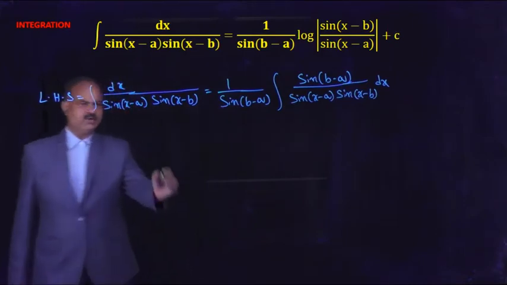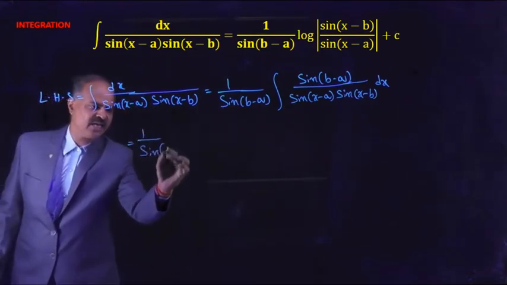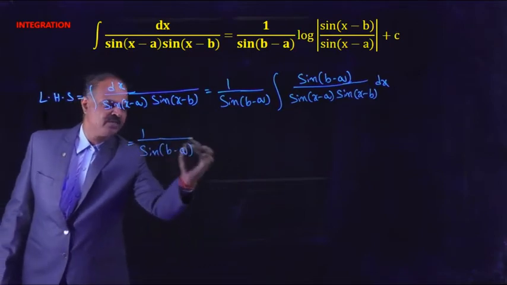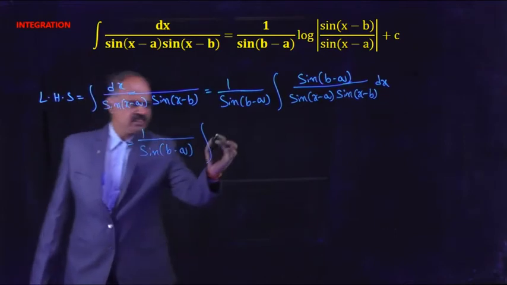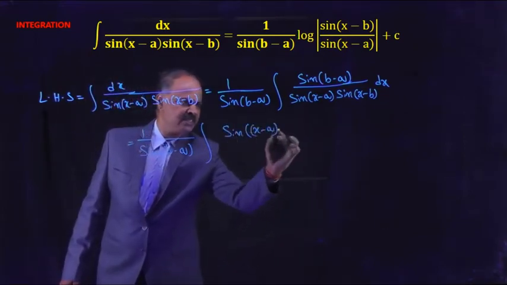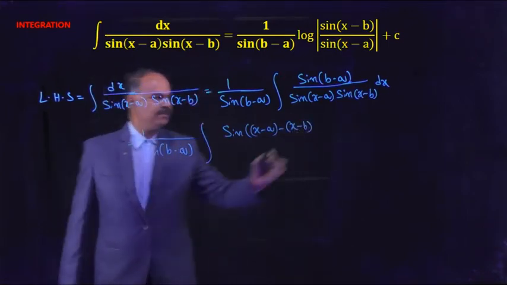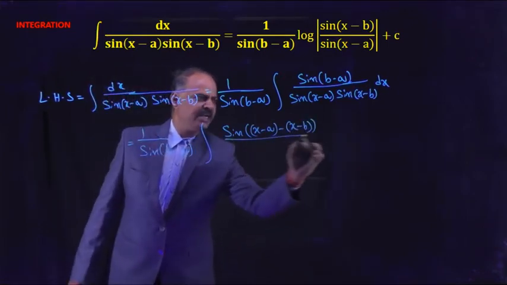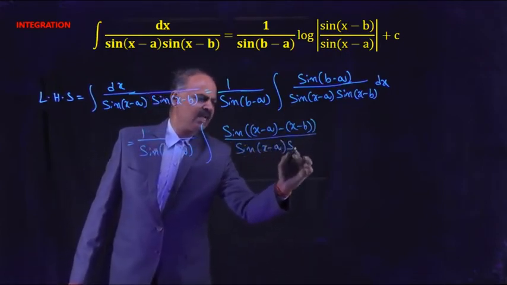Now this equals 1 by sin of (b minus a) into integral sin of (b minus a), which can be written as sin of ((x minus a) minus (x minus b)), divided by sin of (x minus a) into sin of (x minus b) into dx.